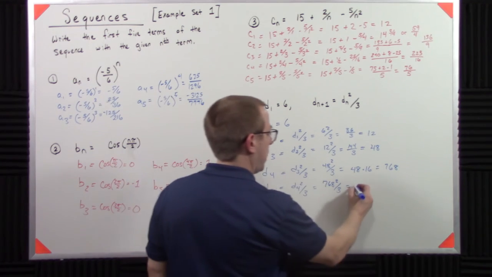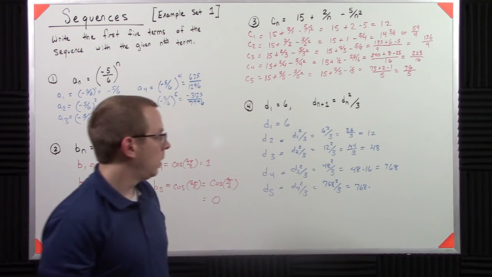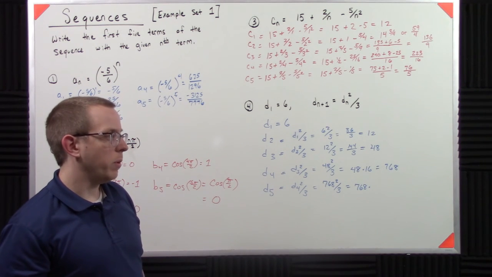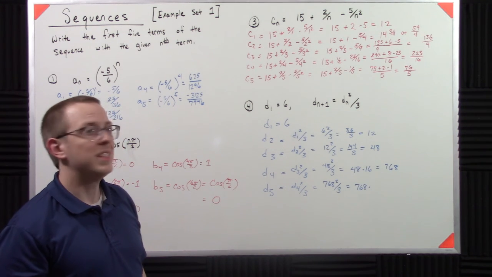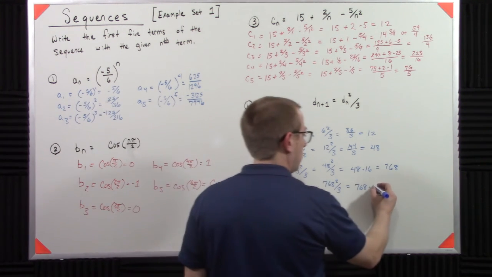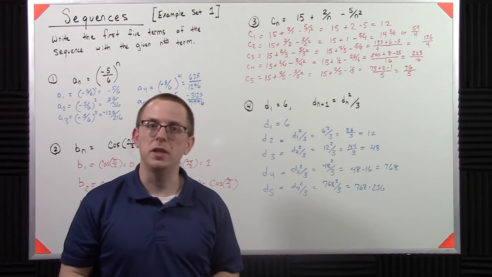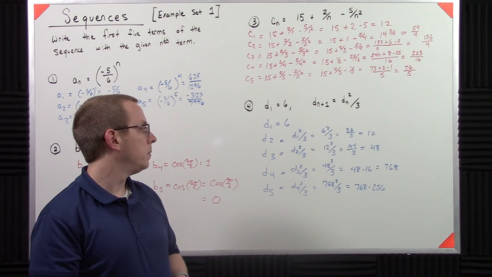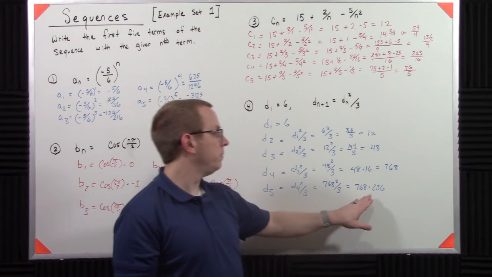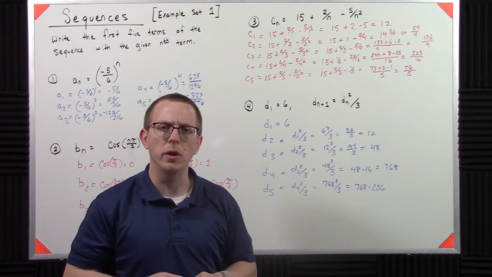That's 768 times, so 768 divided by 3 would be 256. And I don't know what 768 times 256 is. It's a big number. I know that much. So I'm going to stop there. You can plug that in a calculator and find out.